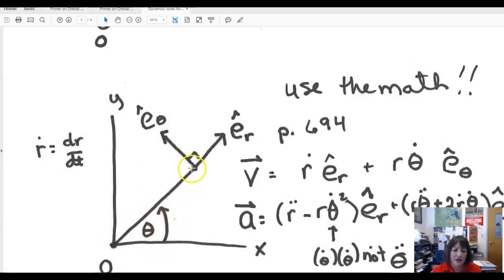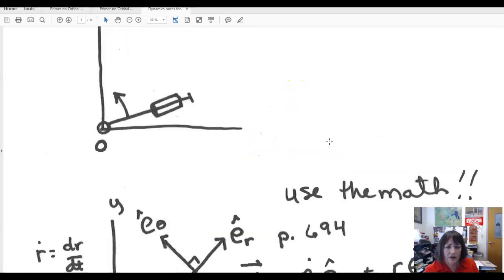It's just in the direction of theta. So E sub r is an extension of the rod, the linear factor along the rod, and then E sub theta is the factor perpendicular to that direction.